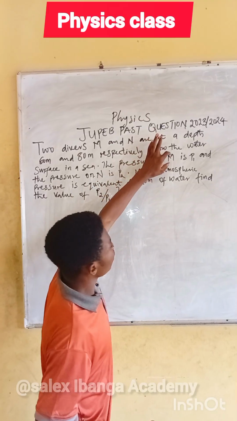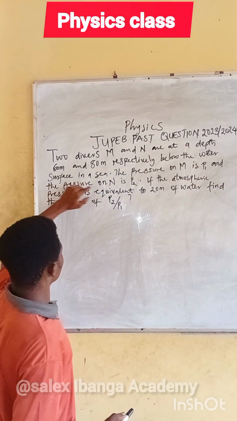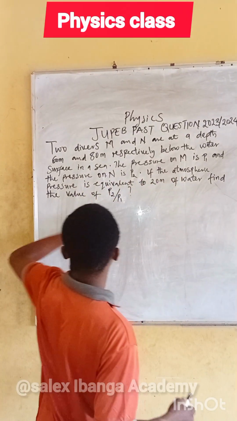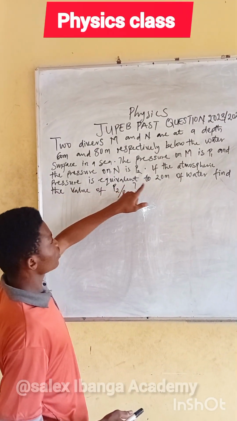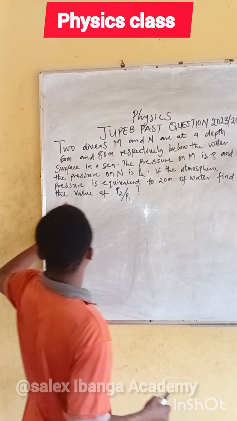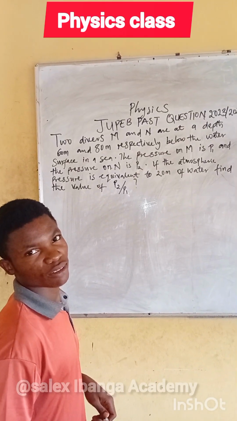The pressure on M is P1 and the pressure on N is P2. If the atmospheric pressure is equivalent to 20 meters of water, find the value of P2 over P1.